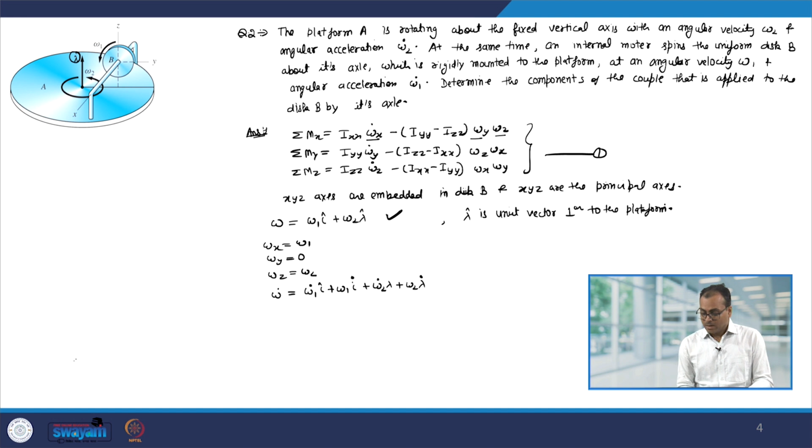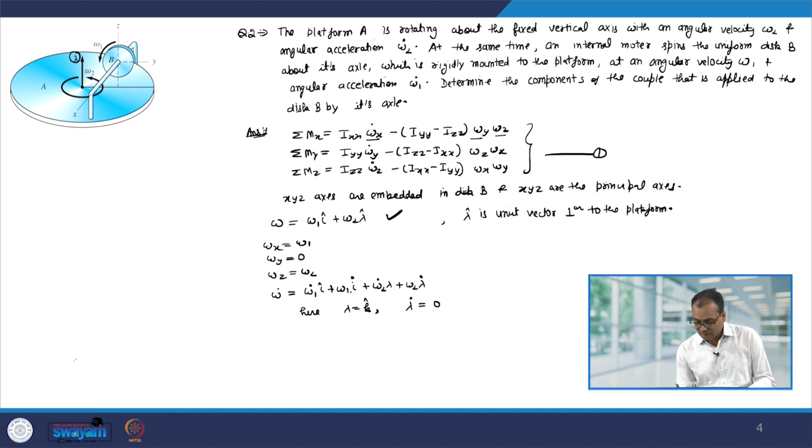Lambda is in the direction of k, it does not change, and lambda dot is 0.